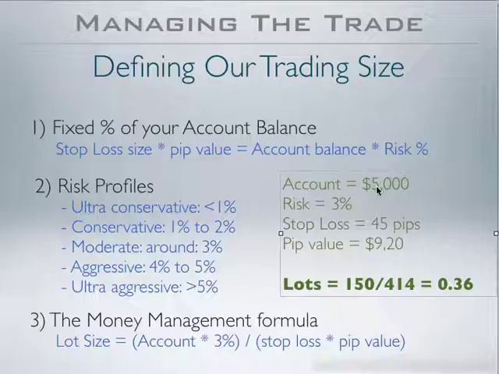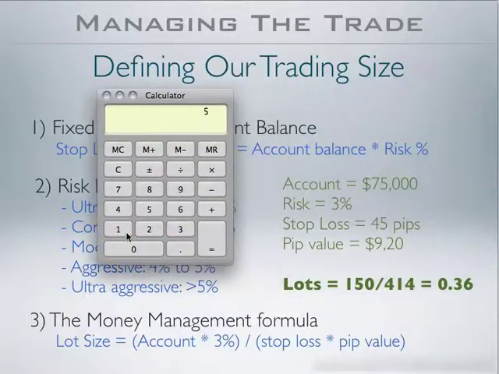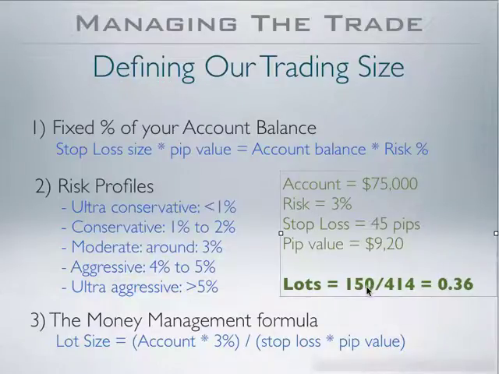Let me just put that in actual numbers. Instead of having a $5,000 account, let's assume we have a $75,000 account. Let me again bring forward my calculator. So $75,000 multiplied by 0.03, that's 2,250.